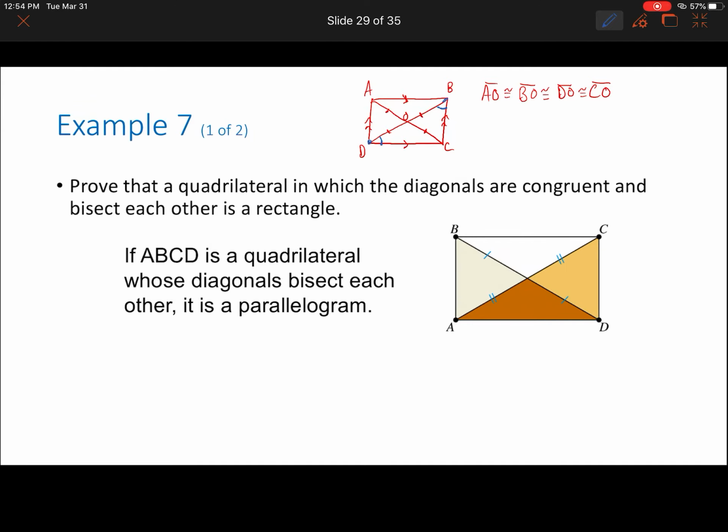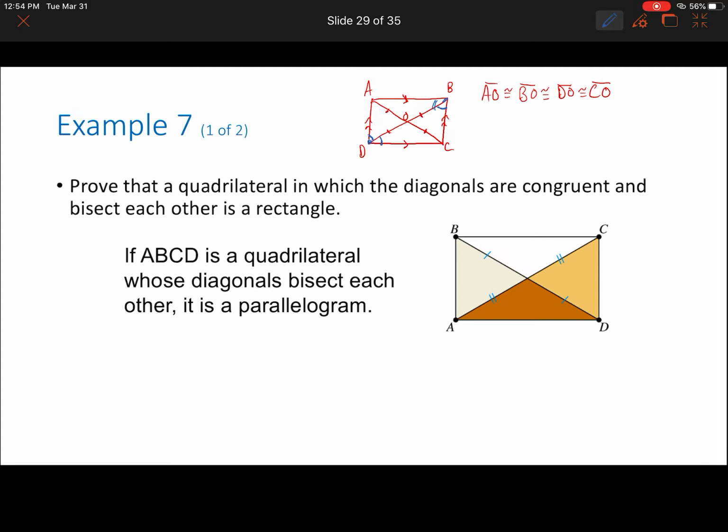So we can know about some angle measurements. Let me change our color here so we can clearly mark this. If the diagonal from D to B is a transversal cutting two parallel lines, then this angle and this angle have to be the same, and also this angle and this angle have to be the same. You could do the same thing with the other sets.